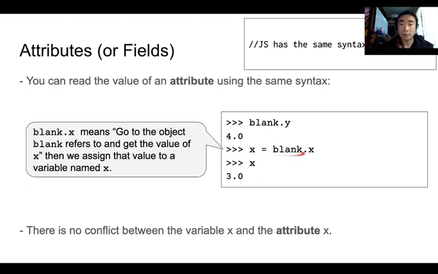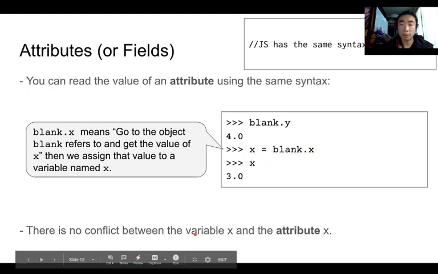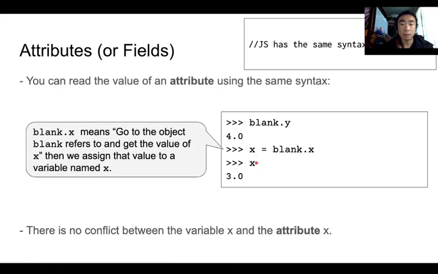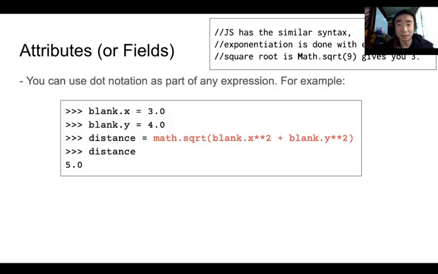Although there are two x's present, notice that there's no conflict, because over here on the left-hand side, this is the variable x, versus up here, this is attribute x. It belongs to this instance blank of the class Point. It sounds complicated, but conceptually, I hope you're following well. It's not so bad.